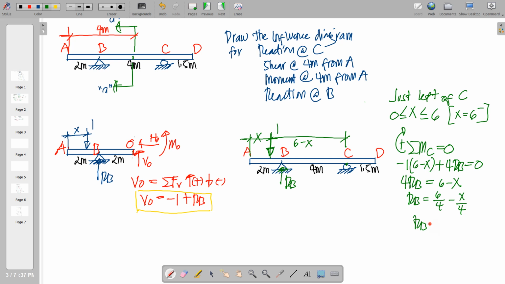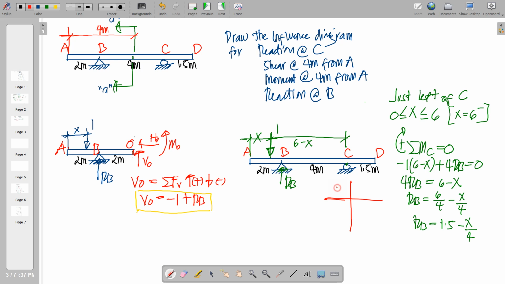So RB could also be simplified to 1.5 minus x all over 4. Okay, so we can now tabulate the values.